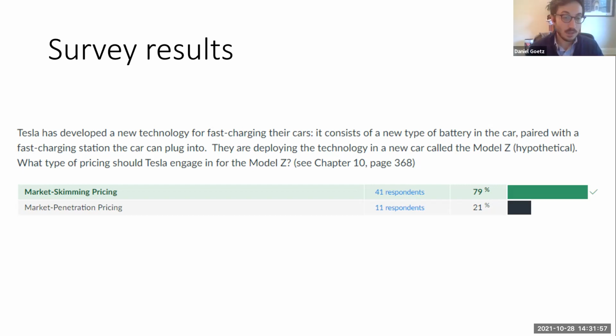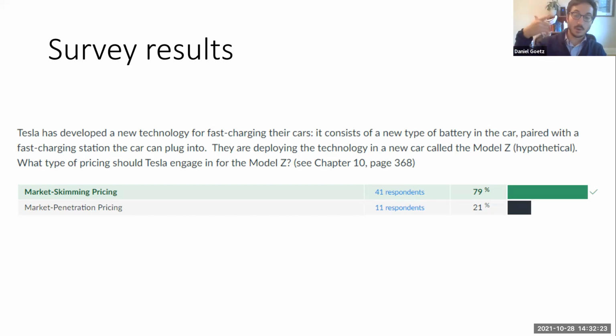All right, thanks, Boyang. And then I see Kelsey chose increase market share rapidly. So, to justify that, with the technology product that the Model Z is, the more people use it, the more charging stations there are going to be. The more charging stations there are, the more valuable it will be to use it.